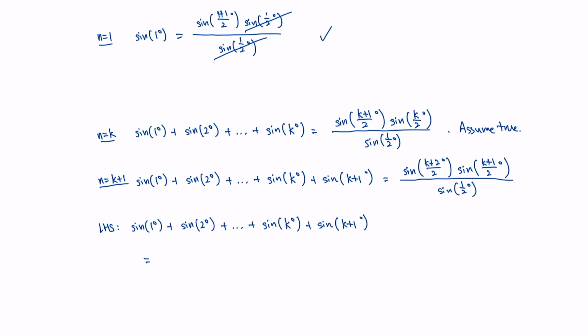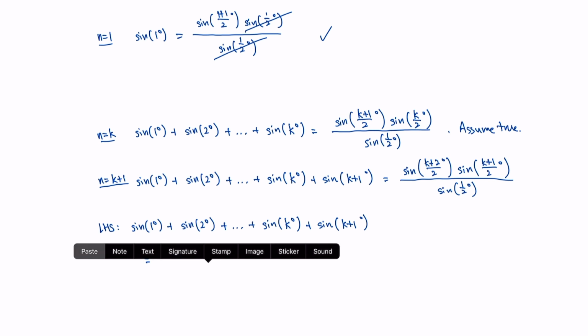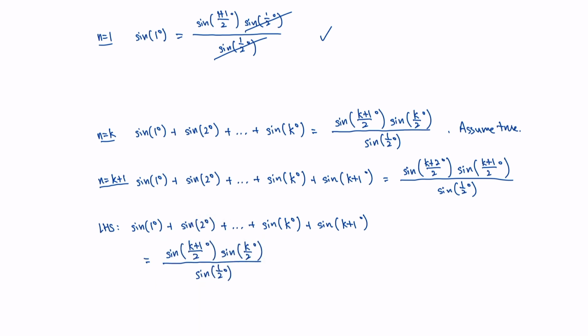Let's replace that with the thing we assume to be true. So this fraction here, we're going to replace the first k terms with that fraction, and then add on the last term. So this should still be true under our assumption.